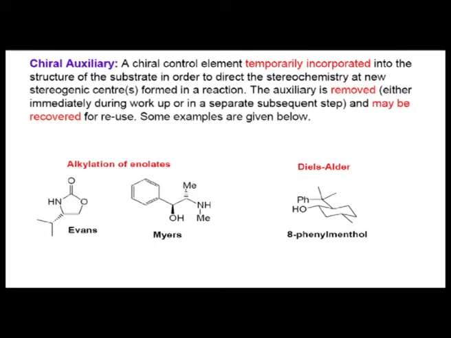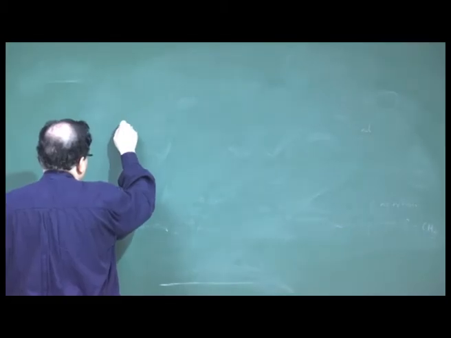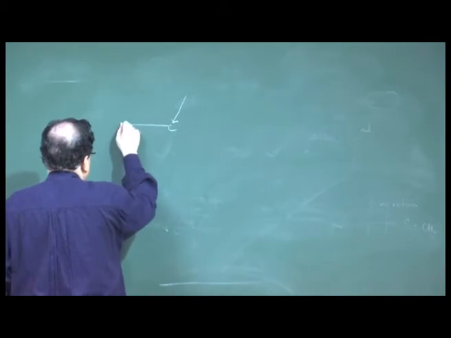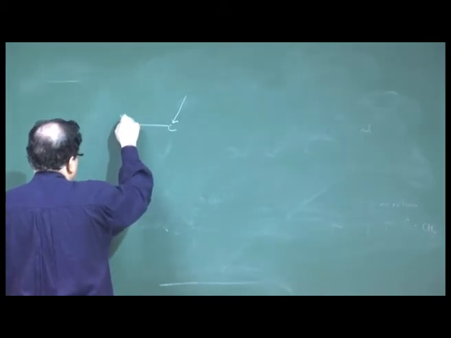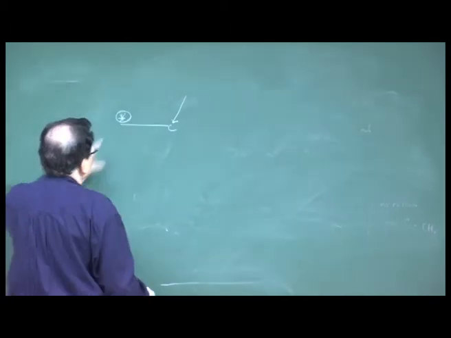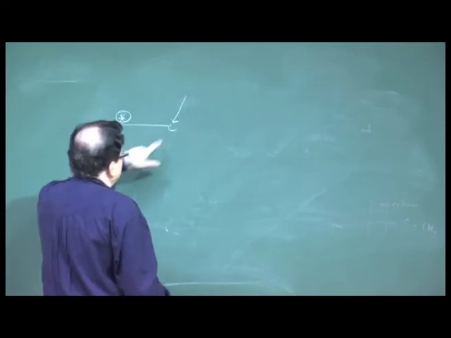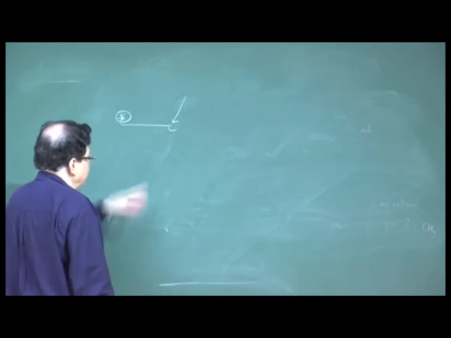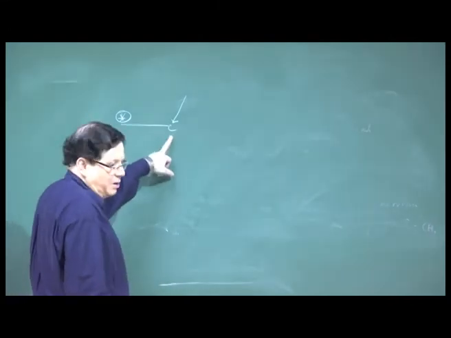One is that your starting material, wherever you are doing the reaction, suppose here this carbon, has a built-in asymmetric center somewhere, and that then controls the asymmetry that is generated at the neighboring carbon.